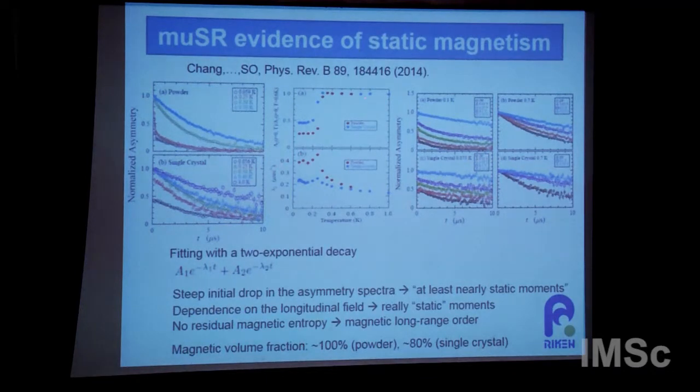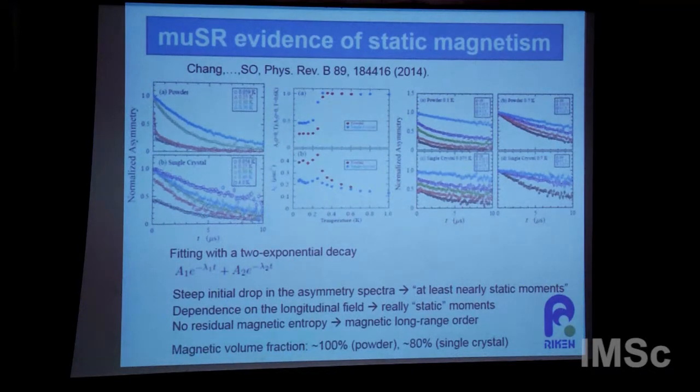We can analyze these curves with a two-exponential form, where one expresses the fast decay and the other explains the slower decay.